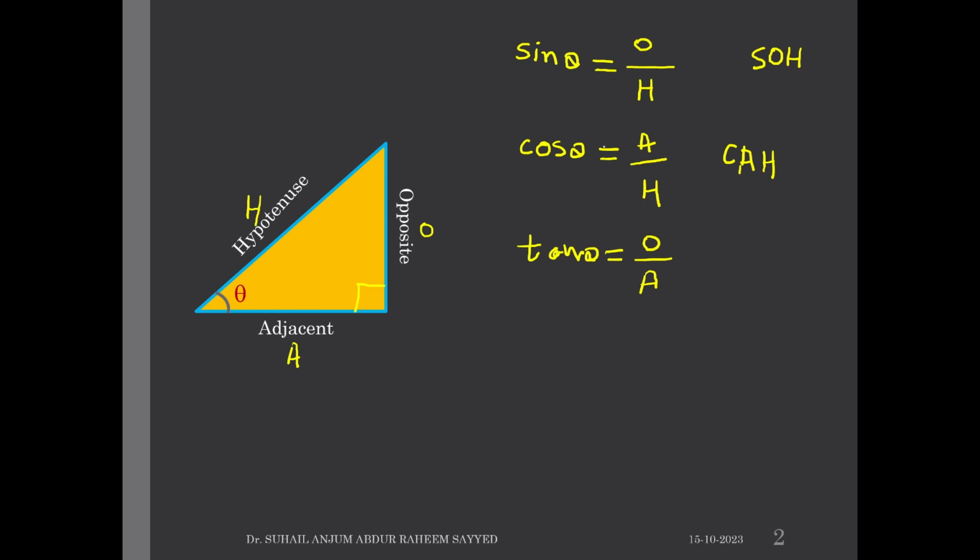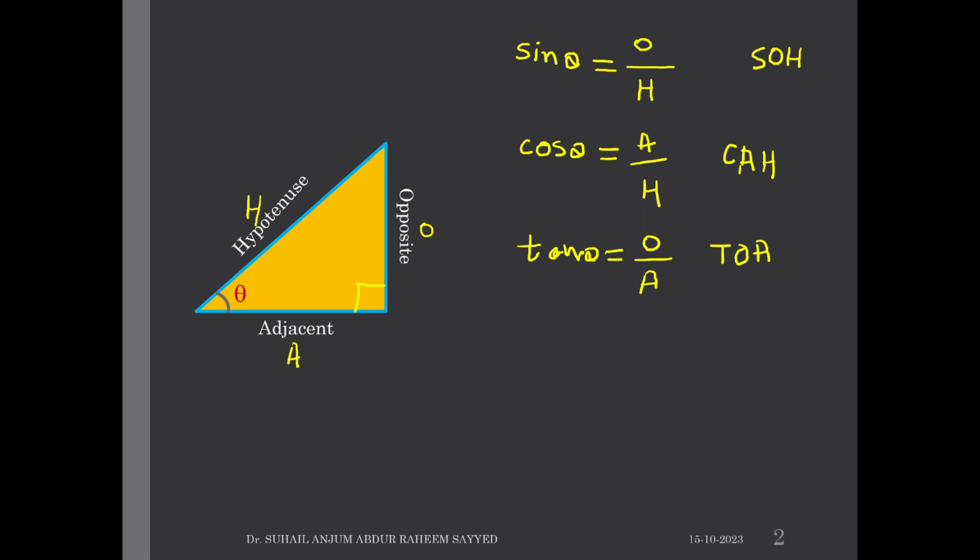And tan of theta is TOA, because tan of theta is opposite divided by adjacent.